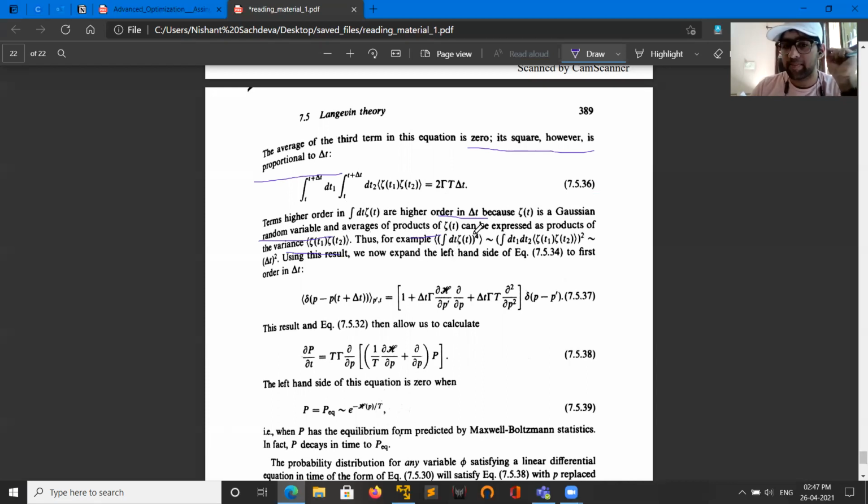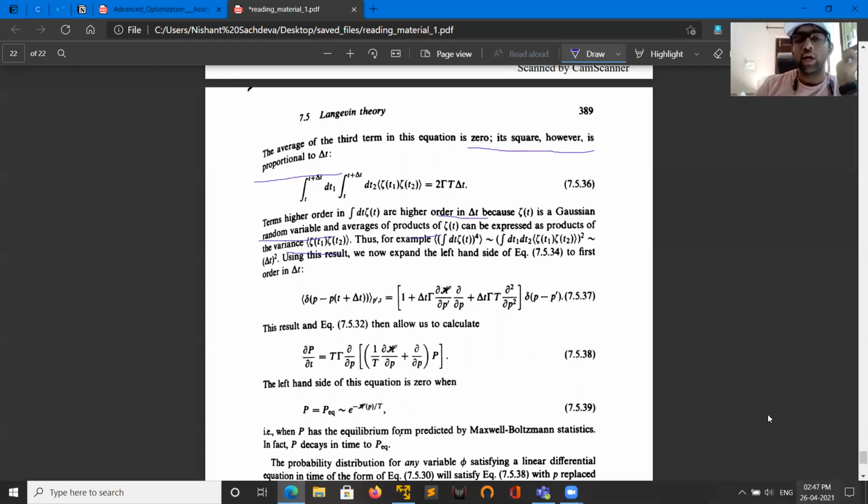Thus, for example, the average of the integral of dt of tau of t to the power 4 approximates to the average of the integral dt1 dt2 tau of t1 tau of t2, whole squared, which further averages to delta t squared.